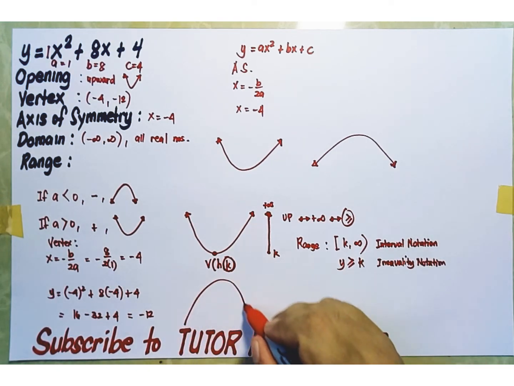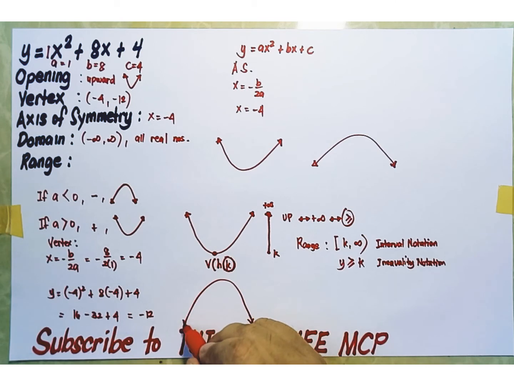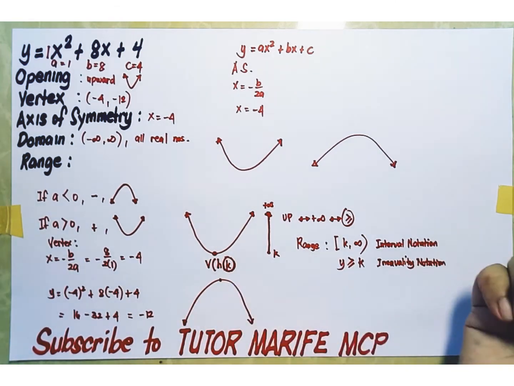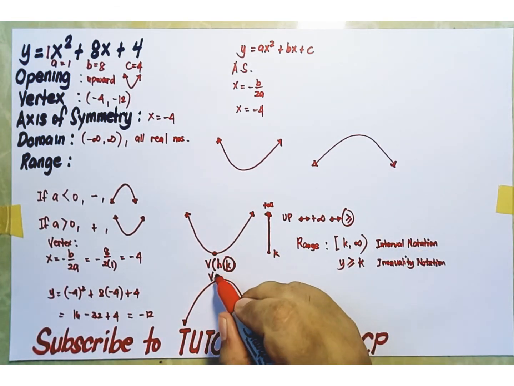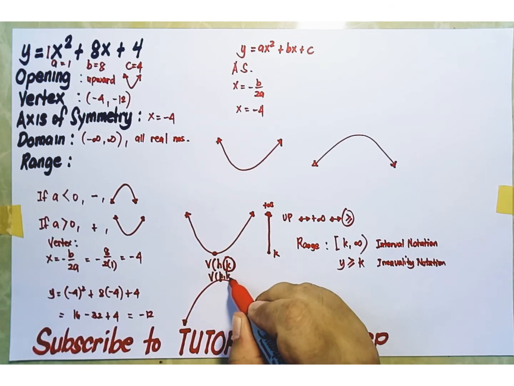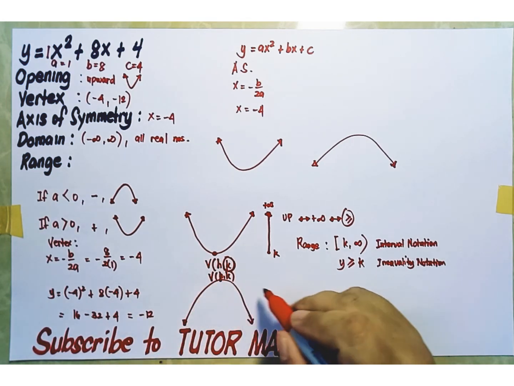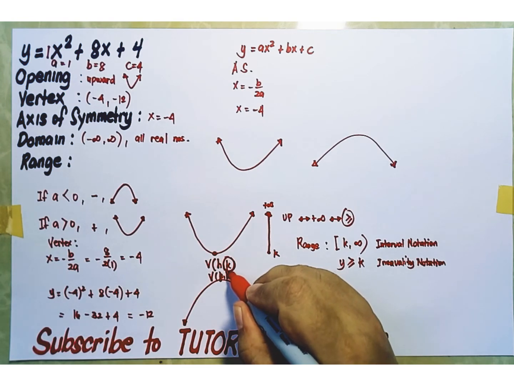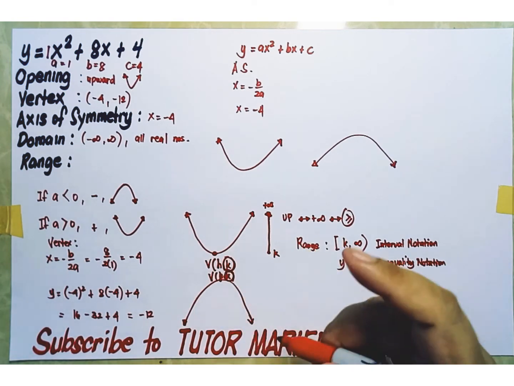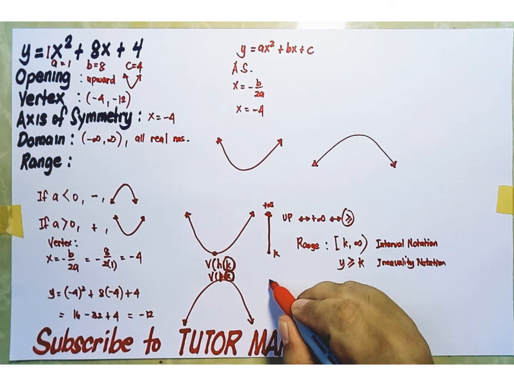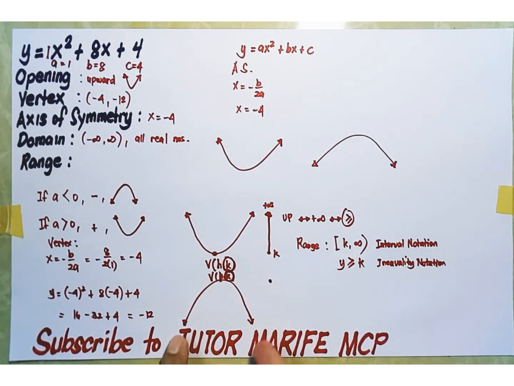Next, let's consider a parabola that opens downward. So the vertex is the maximum point of the graph. The vertex is at (h, k). The y-coordinate of the vertex is the maximum y value. And these arrowheads indicate that as you extend the graph, it goes on forever towards negative infinity.